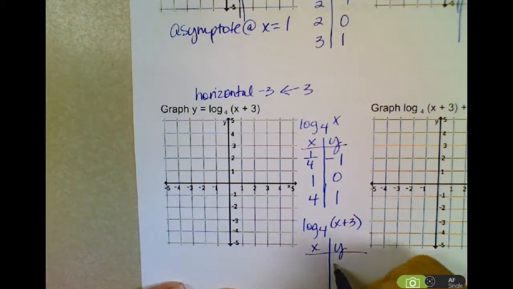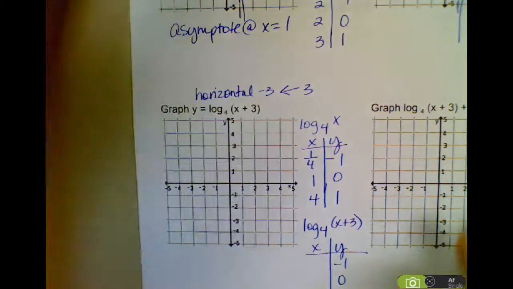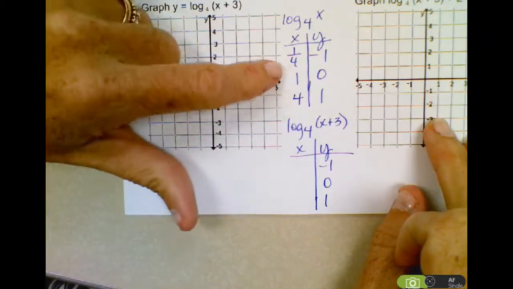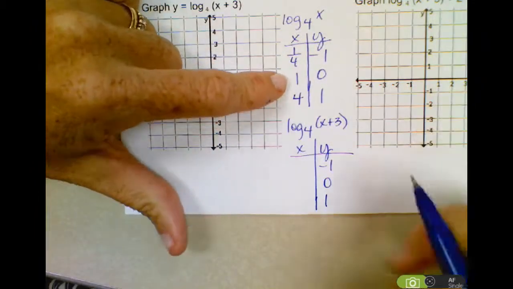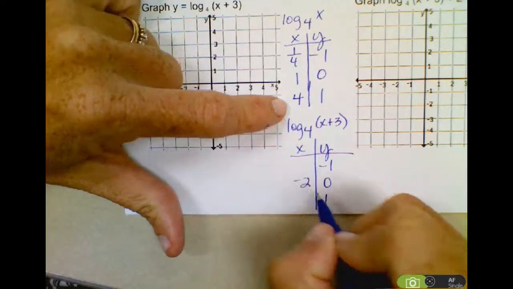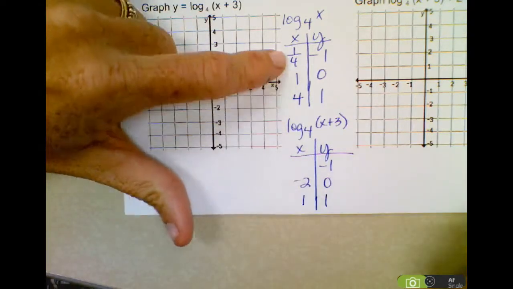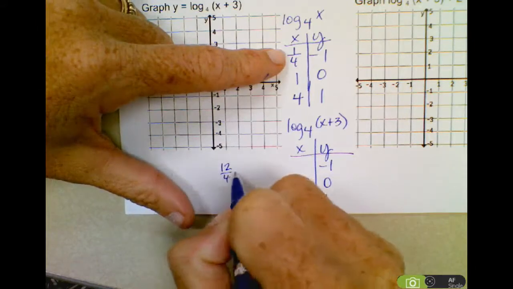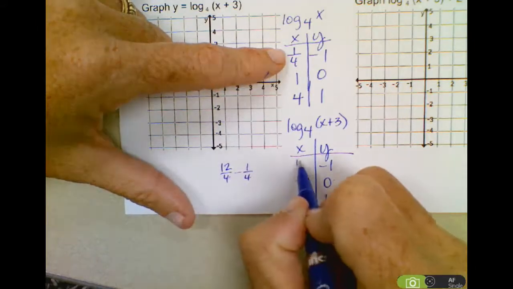Okay, so my y values are not changing. They're fine. They're going to stay just where they are. Each of my x values are going to decrease by 3. So let's do these first. These are the easiest. 1 minus 3 is -2. 4 minus 3 is 1. 1/4. 3 is the same thing as 12/4. And we're going to subtract, so this would be -11/4.